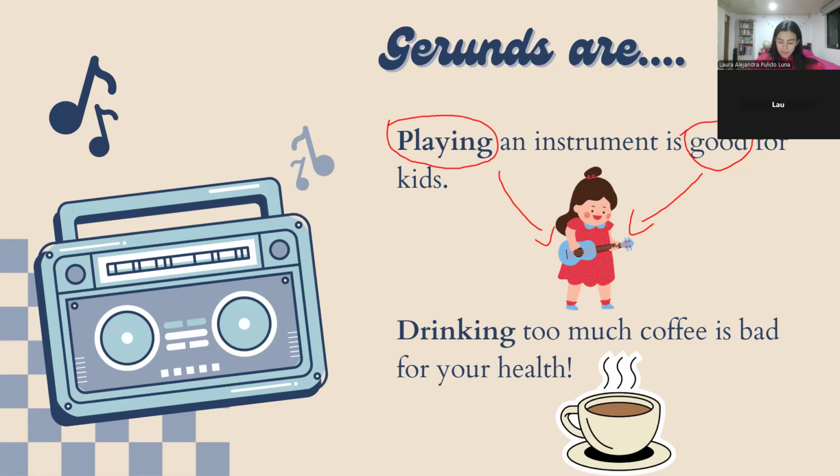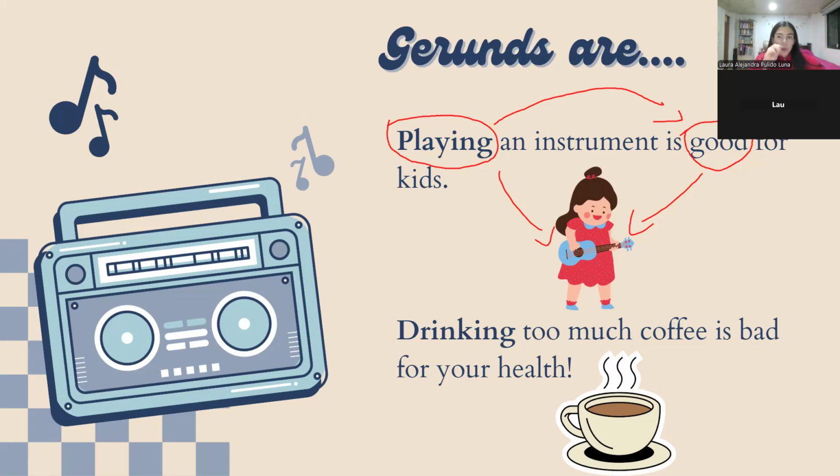I am saying that playing is good. So playing acts as the subject of the verb. So we are saying that playing in general is good, but we are not saying that the person is doing an action. In Spanish, it is a bit better and clearer, okay?